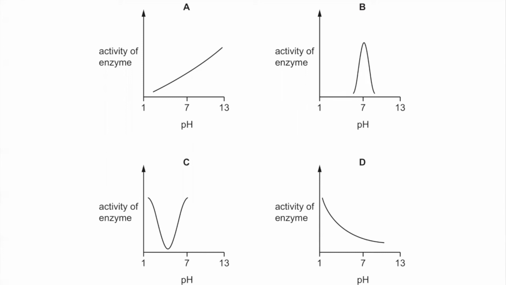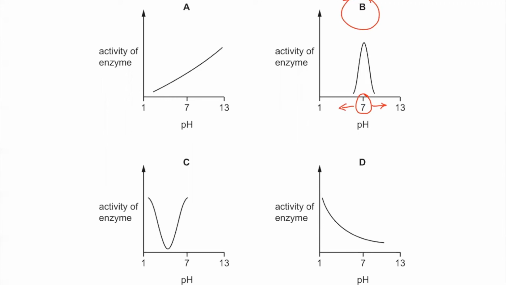For example, a particular enzyme has a pH of 7 at which it works the best. Increasing the pH will cause it to lose its structure. Decreasing the pH will also cause it to lose its structure, and thereby the activity of the enzyme will decrease. So 11B will be the correct answer, guys.